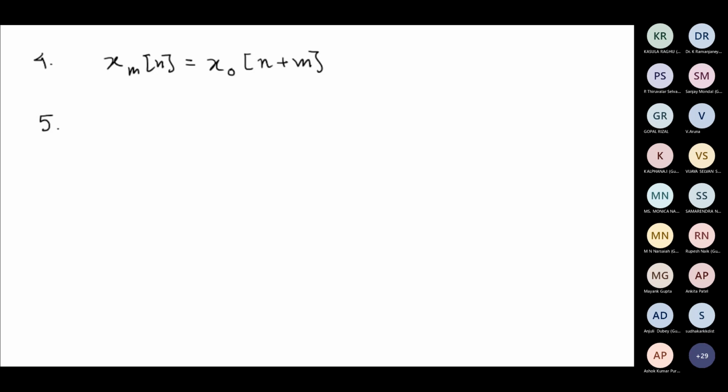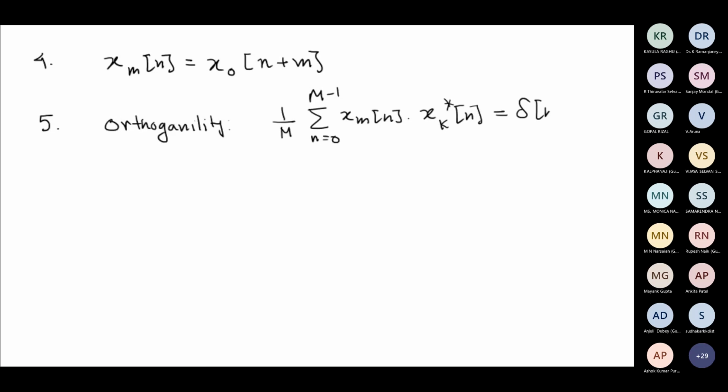And finally, even in the discrete domain, all the discrete time chirps, discrete time symbols, are orthogonal to one another. So we still have orthogonality in the discrete time domain, and that is expressed as 1 by M, sum from n = 0 to M minus 1, x of m n times x k n conjugate is equal to delta of m minus k.